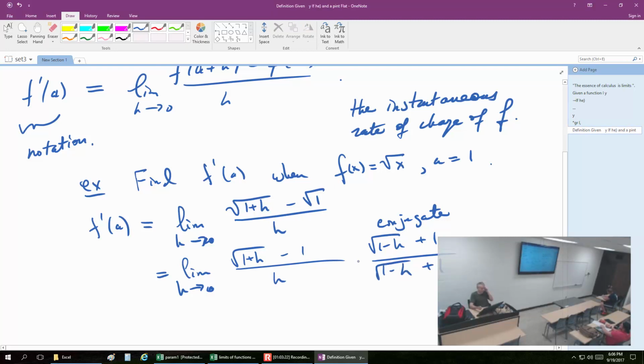Okay, so I'm multiplying by 1. That fraction is 1, but this is the conjugate of that. So square root of 1 plus h minus 1 is an irrational expression with the square root. So we find its conjugate, which is simply replacing minus with plus, and then we multiply by 1 with the same numerator and denominator. The point being, can you see what happens to the numerator?